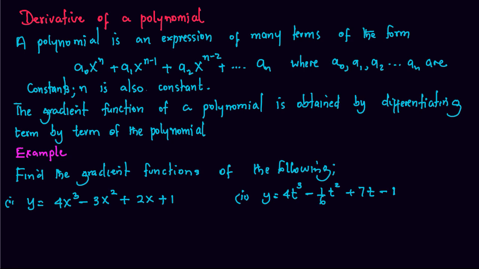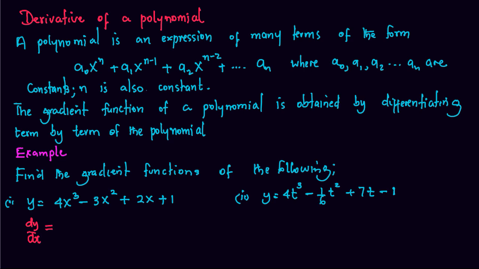First, we have y is equal to 4x cubed minus 3x squared plus 2x plus 1. So that is an example of a polynomial. So we find dy over dx. We differentiate each term in turn.